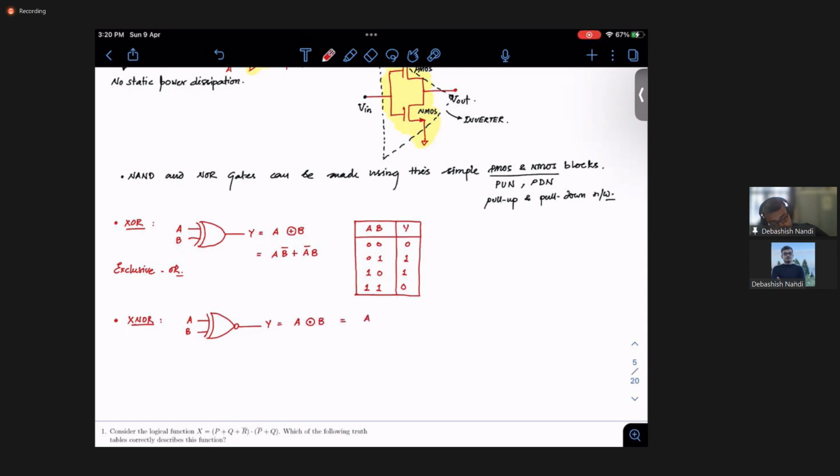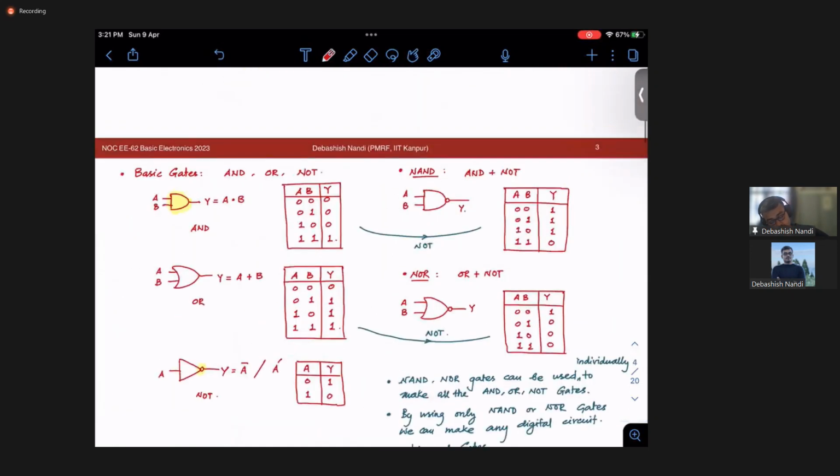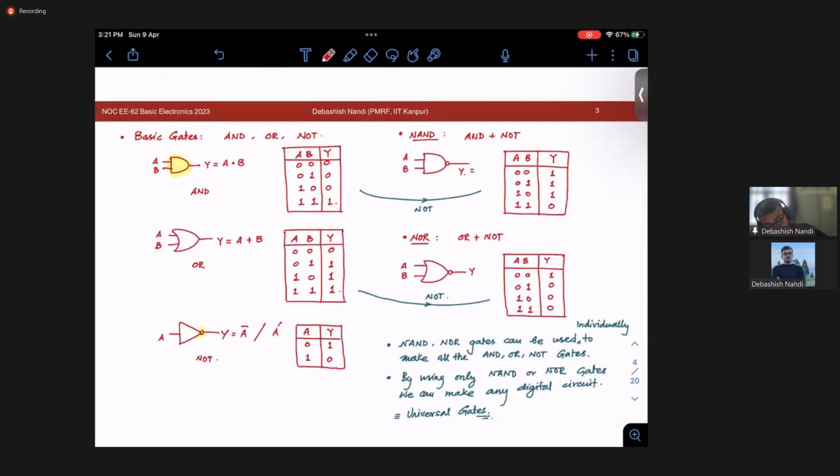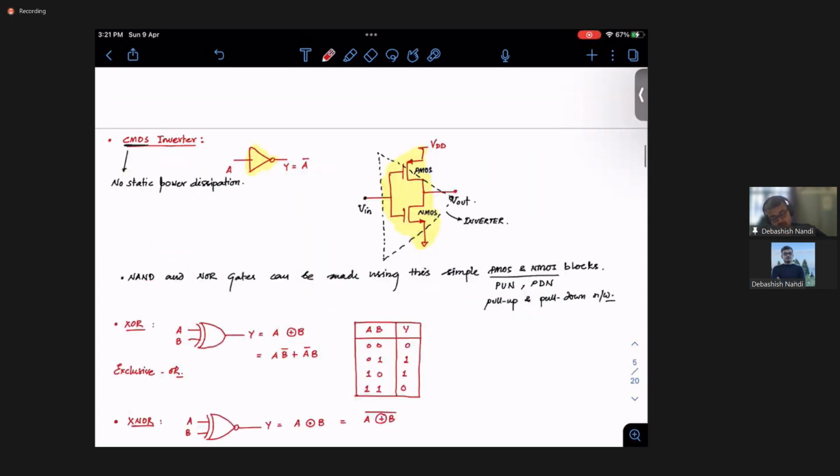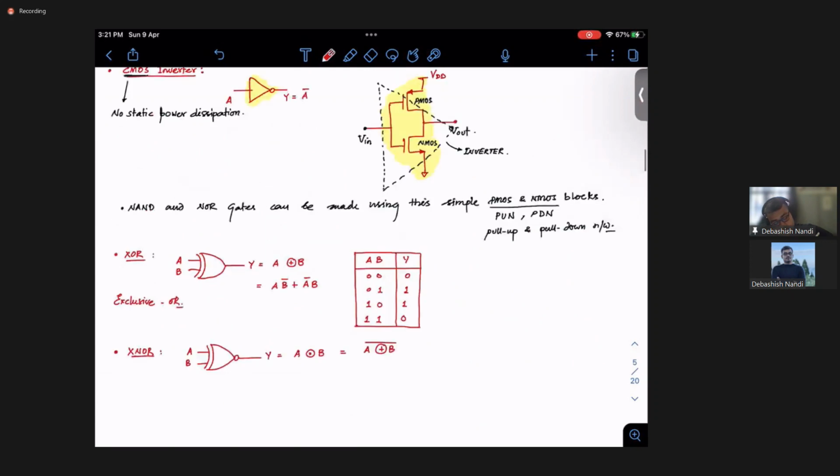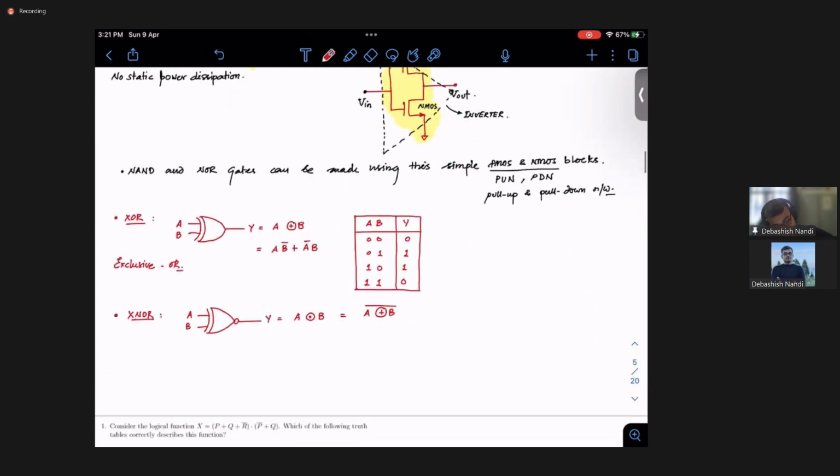It is nothing but A exclusive OR B and NOT. Okay. So by the way, this is Y equal to AB bar. This is equal to A plus B bar. Okay. So how will the truth table look like for this case?